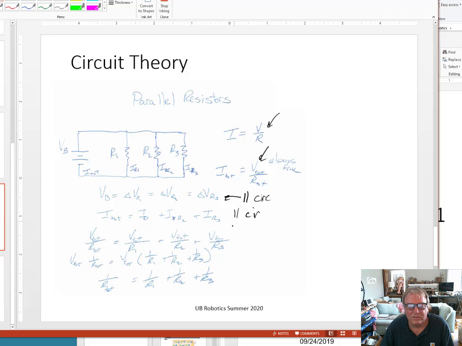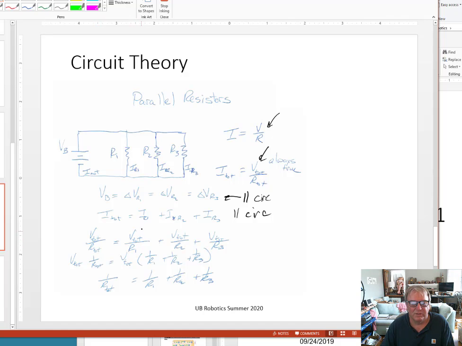There's two conditions. And then we say, okay, so I equals V over R. We don't have to rearrange anything. So we just substitute into I total and I1, I2, and I3, V total over R total, V total over R1.